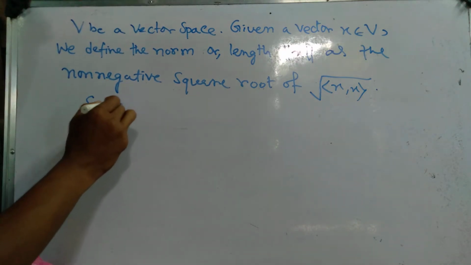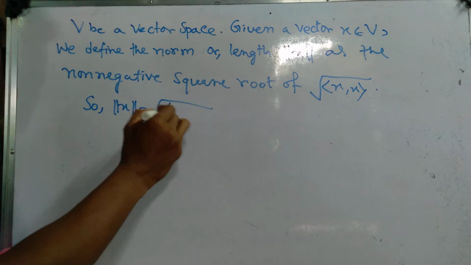So we write norm x equal to the square root of the inner product of x with x.